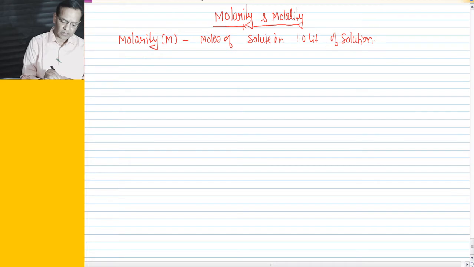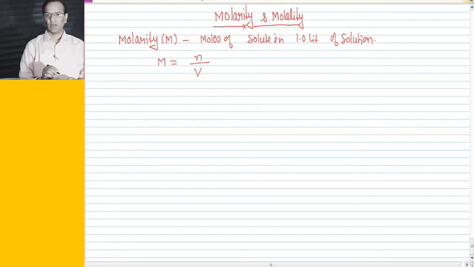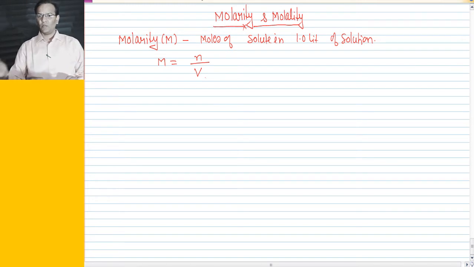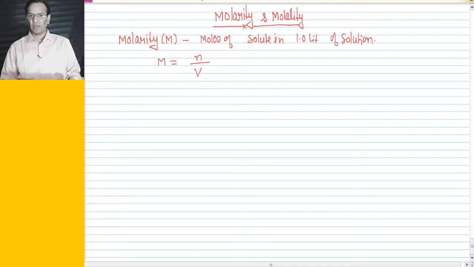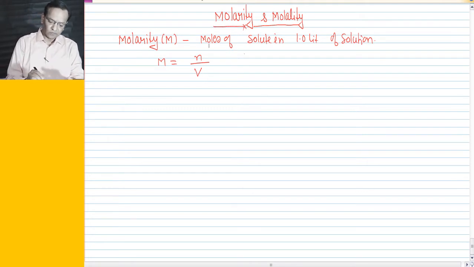So if we have n mole of solute dissolved in V liter of solution, molarity can be expressed in terms of number of moles of solute by volume of solution in liter. So it is mole per liter. Molarity is moles of solute per liter of solution.